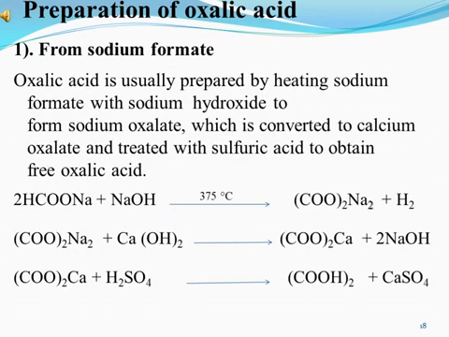This sodium oxalate again reacts with calcium hydroxide to produce calcium oxalate with two molecules of sodium hydroxide, which is also called caustic soda. Calcium oxalate again reacts with sulfuric acid to generate oxalic acid plus calcium sulfate.